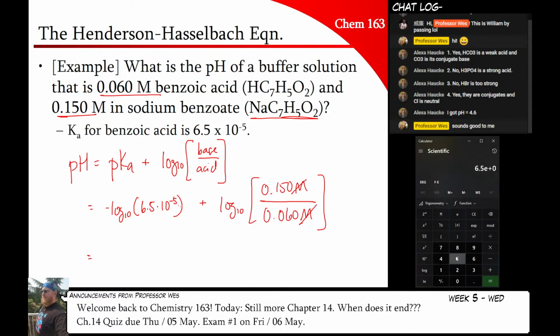And so we get 6.5 times 10 to the minus 5. We're going to log, minus that, plus parentheses 0.150 over 0.060. Well, I have a bunch of buttons to push. There we go. So we'll do that, and then we'll hit equal. And we get this.